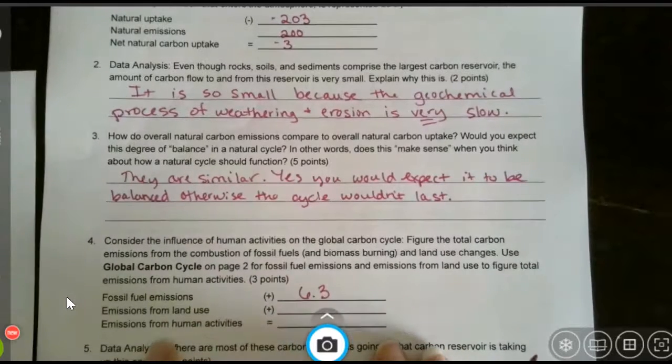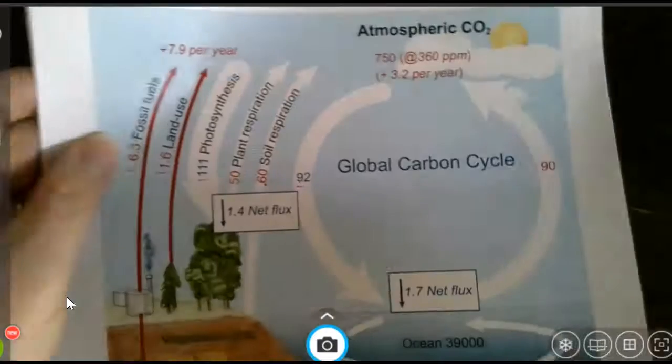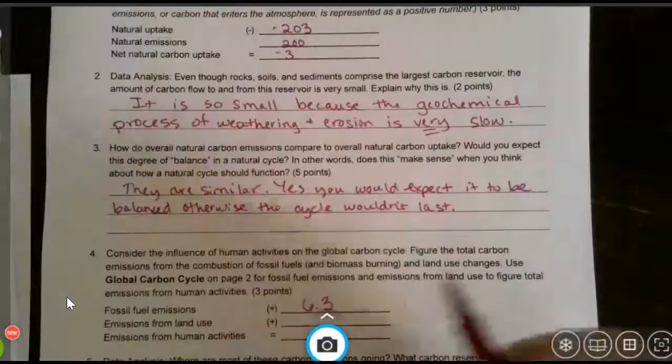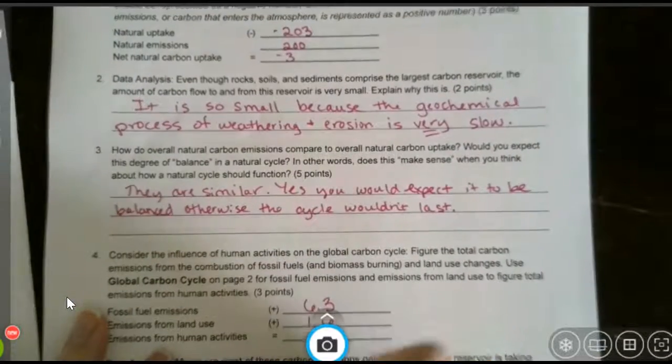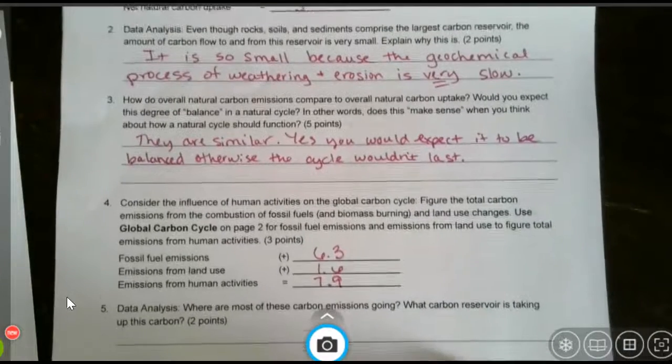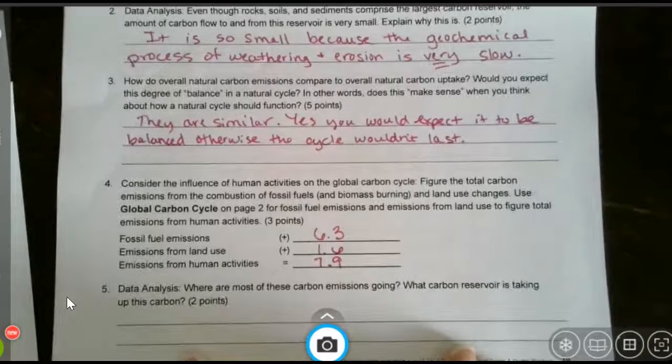And then emissions from land use. So we had 6.3 here, and now we're at 1.6 here. Okay, so let's add those two up to get our total. So 6.3 and 1.6 is 7.9, so approximately 8. Okay, so we agree that that's close enough to approximately 8. So that's a lot of gigatons.